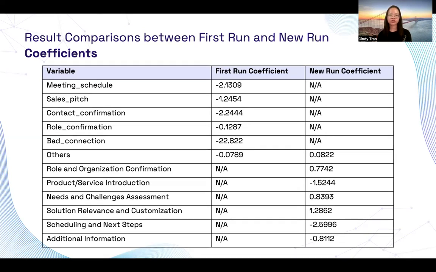Positive coefficients suggest strategies or behaviors that are effective and lead to better sales outcomes, while negative coefficients indicate actions or behaviors that may be counterproductive and should be minimized or approached differently. And so our new run is clearly improved, as we have 4 positive coefficients instead of none in the original run. Next slide, please.